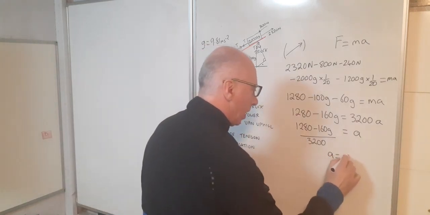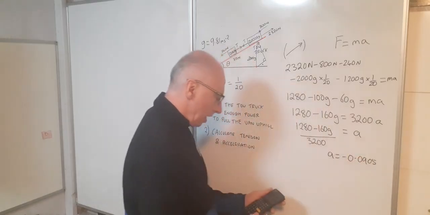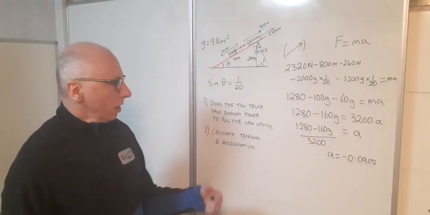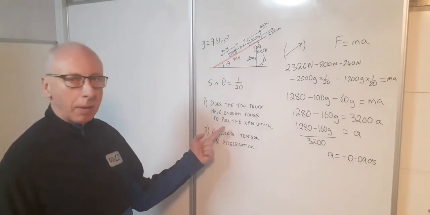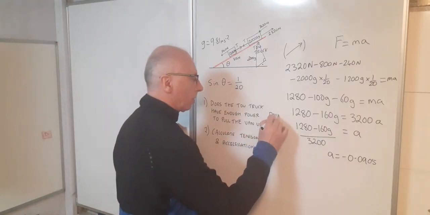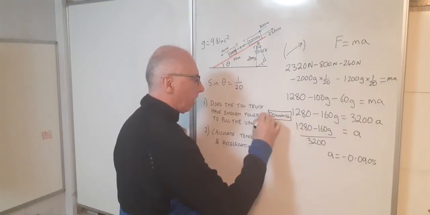So a equals minus 0.0905, using a gravitational constant of 9.81. Therefore, with this negative, we see that the truck doesn't have enough power to pull uphill, so it's going downhill. So I'll write downhill there, that's our motion.